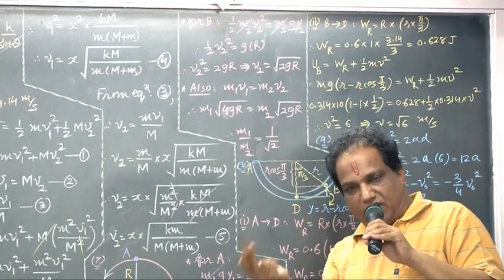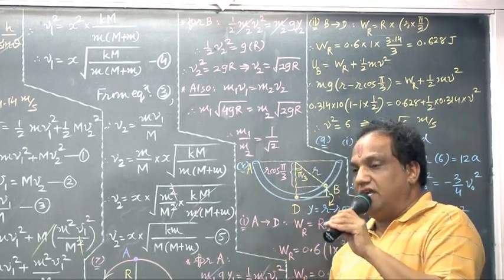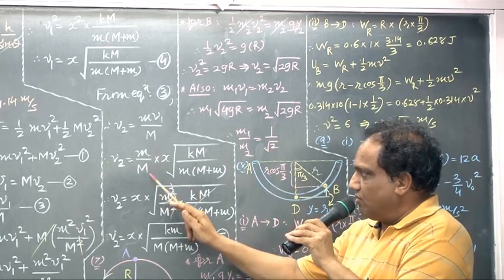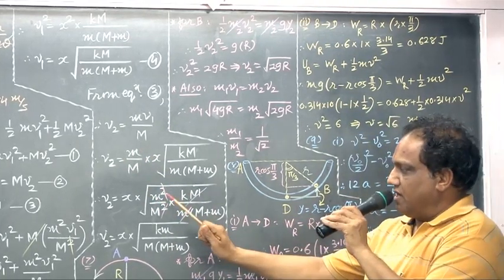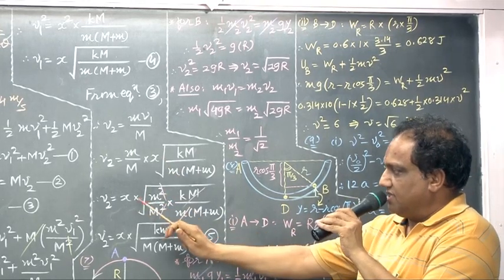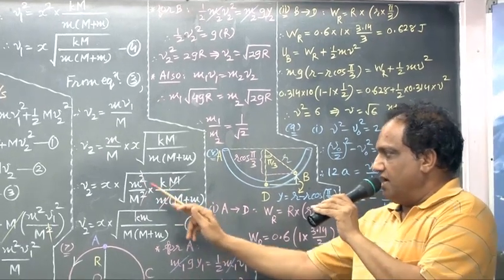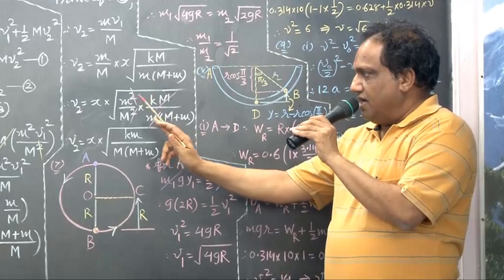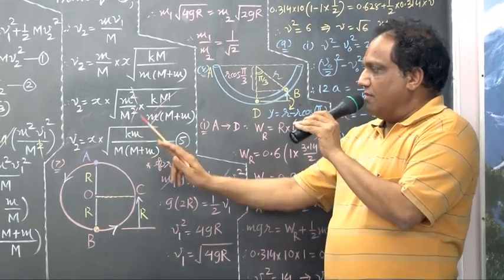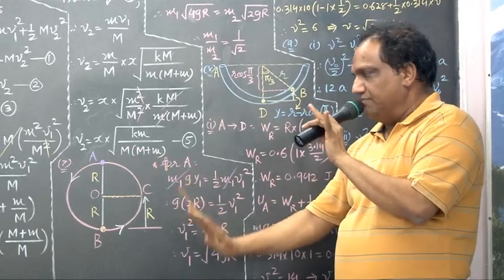If any term I want to take inside, I have to first of all square it, and then I can take it inside. What is the square of this? m square upon M square. This x as it is, remaining part as it is. Now simplify. Small m gets cancelled, capital M also gets cancelled. So it's now k into m upon M into M plus m.